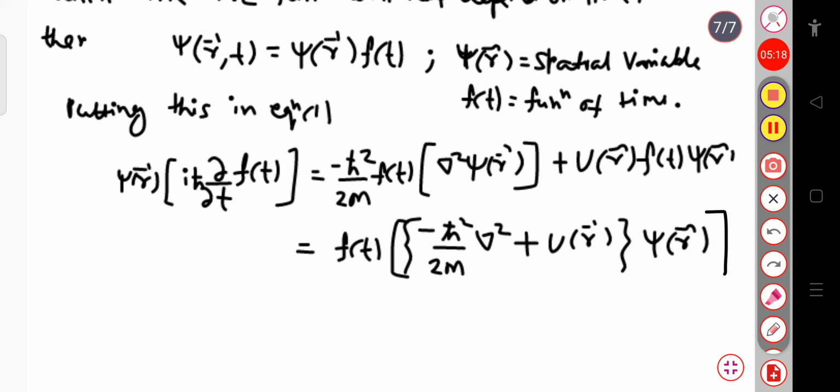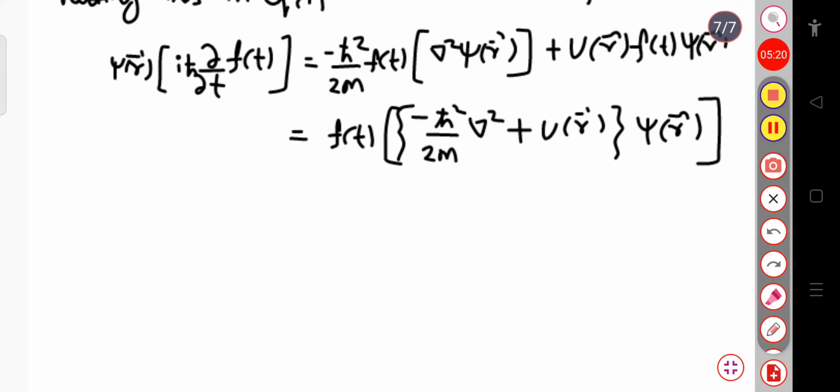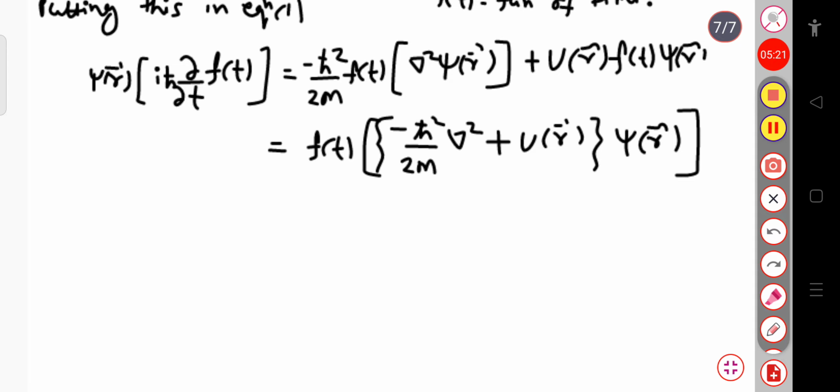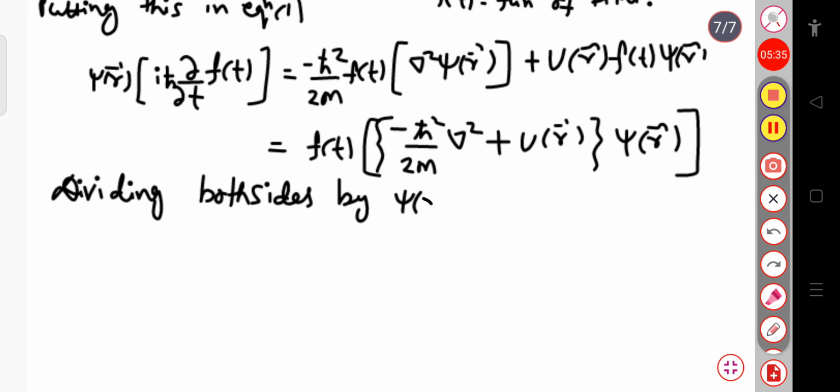Now here I will divide both sides by psi of r and f of t. So we get, this psi of r gets cancelled.